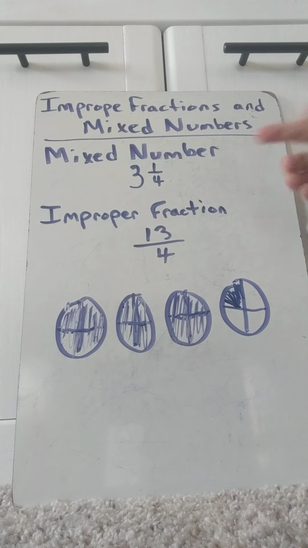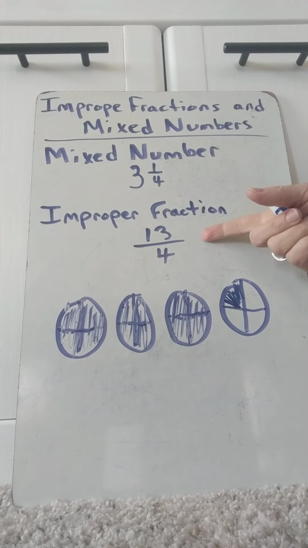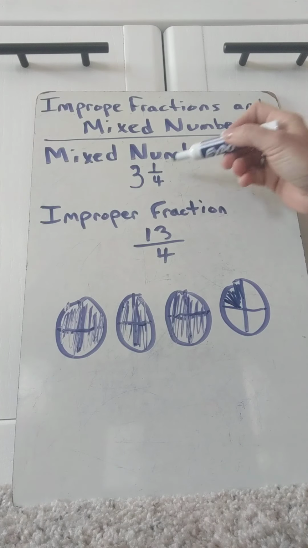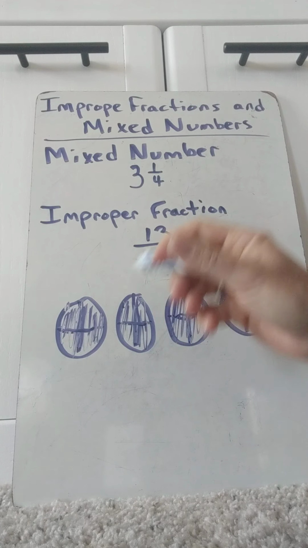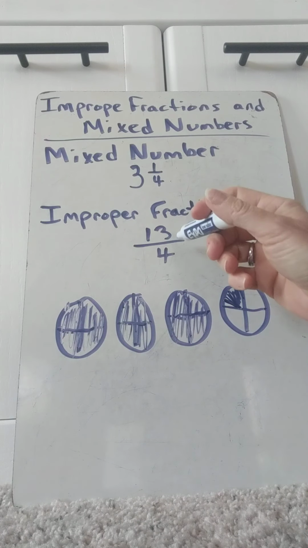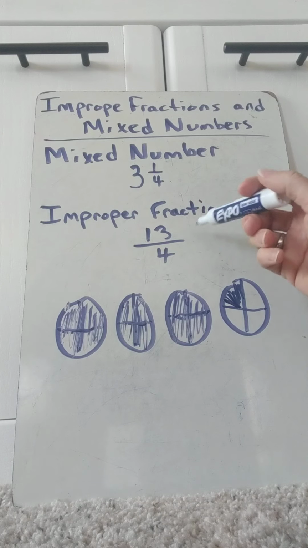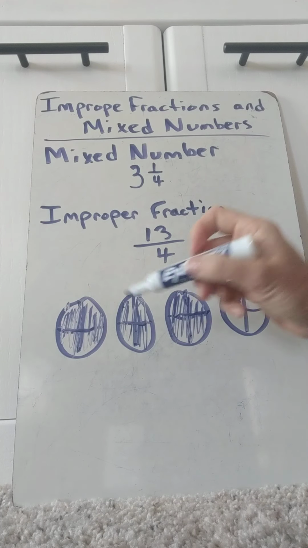Now, how is that as an improper fraction? Okay, well, let's take a look. With an improper fraction, these two are actually equal, okay, and I'm going to show you. Now I'm going to count my parts. How many parts do I have? That's this number right here. So let's count them.